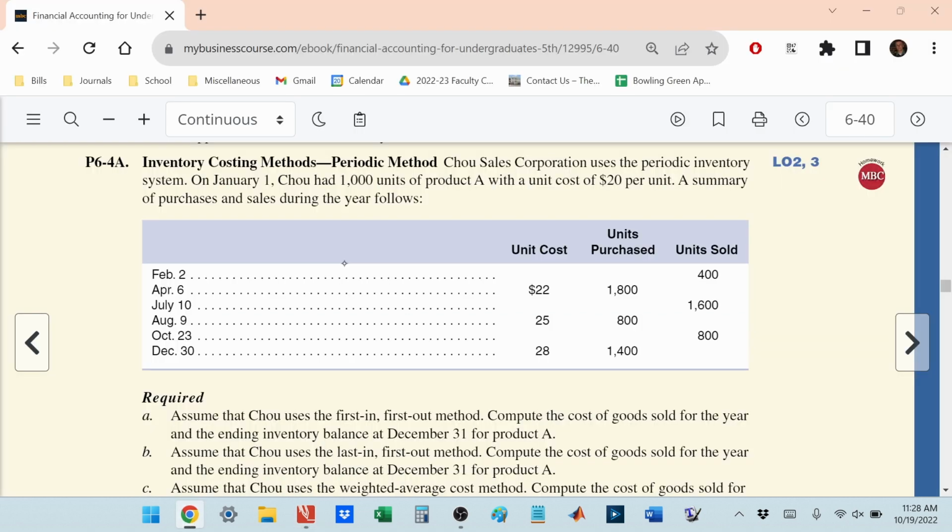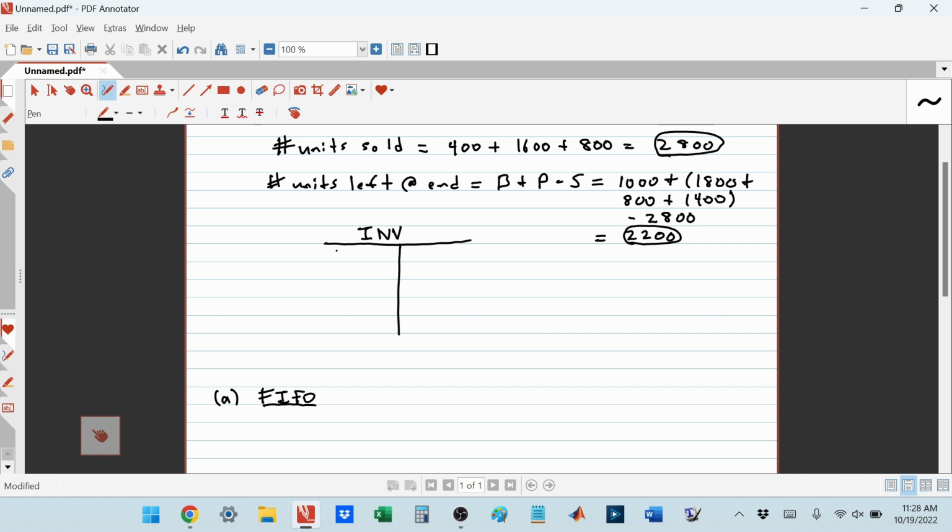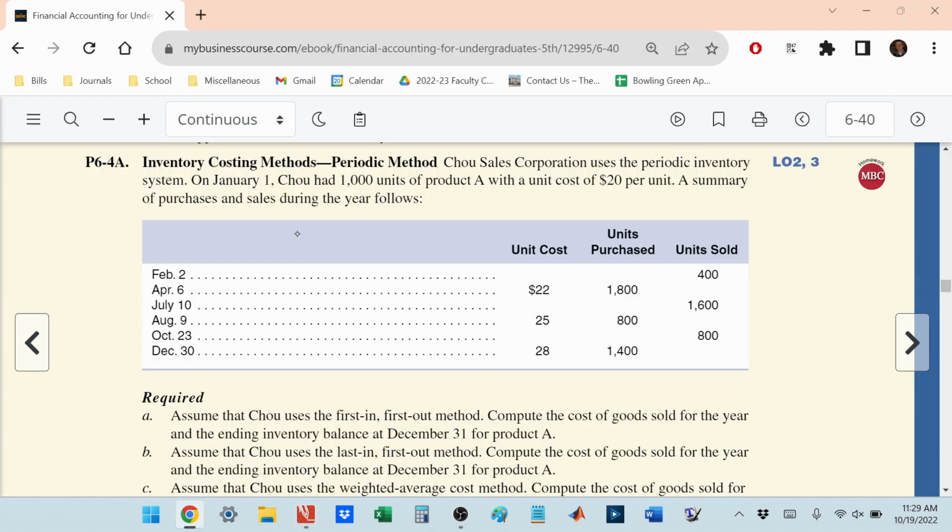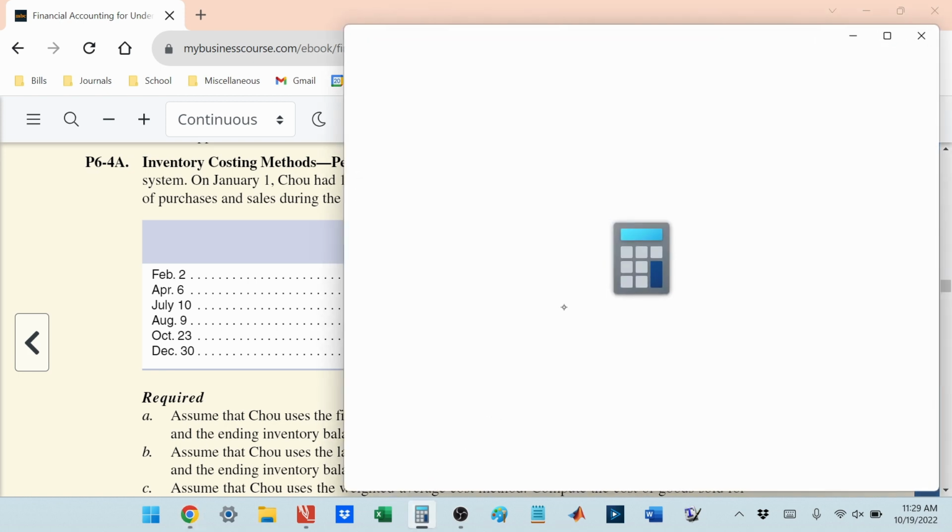It's 1,000 times 20. That's given to us. Check mark. We're given the dollar value of the purchases that they made. So that'd be the 22 times 1,800.